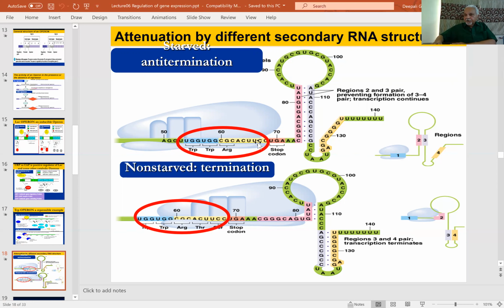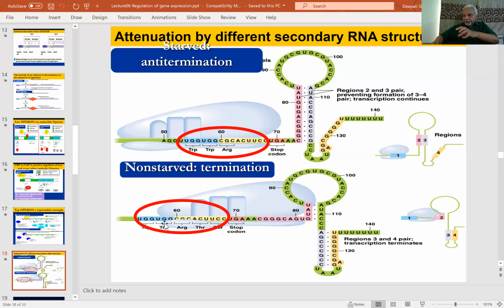So when the cell is starving of tryptophan, the translating machinery stops here because there is no tryptophan to be added here. And this kind of pairing takes place between the mRNA transcribed by RNA polymerase, so 2 and 3. So the transcription continues.